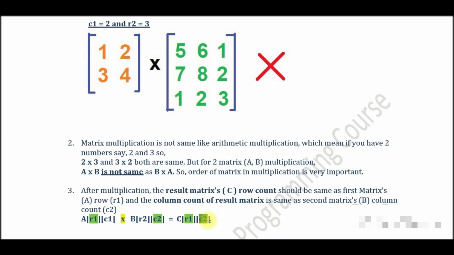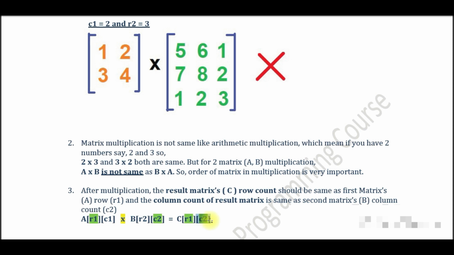So in the third step, you have to understand that whatever row count is in your first matrix will be the row count in your result matrix, and whatever column count is in your second matrix will be the column count in your result matrix.